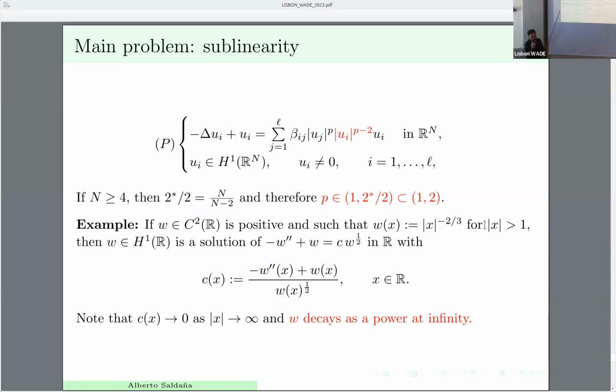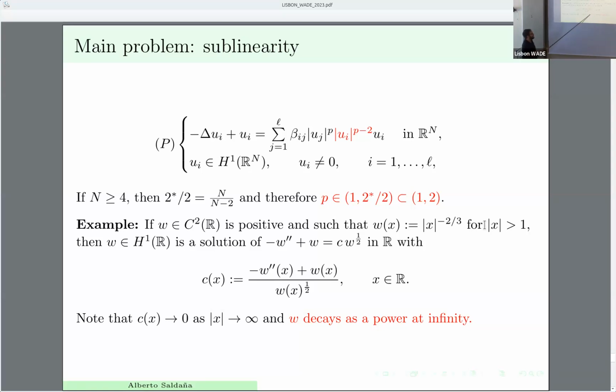Well, in one dimension, we were thinking this in R, just to show the pathologies that sublinear terms can produce. This function here is going to be in the right energy space, and it's going to solve this equation where I can take a coefficient c defined like this. So exactly what I need in order to get equality.